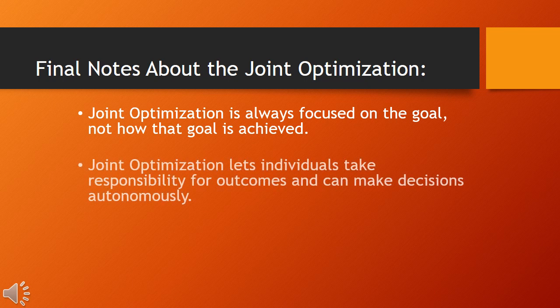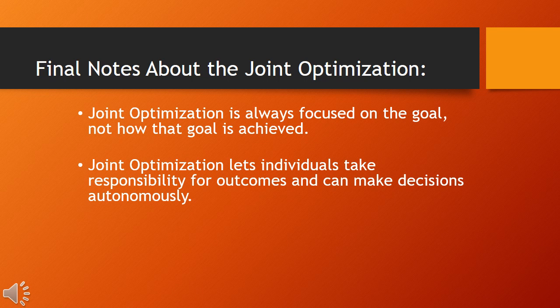Joint optimization lets individuals take responsibility for outcomes and can make decisions autonomously. The idea of joint optimization is not to eliminate the need for human input, but rather to provide a roadmap for managers to utilize in order to maximize the results in the best way that they see fit.